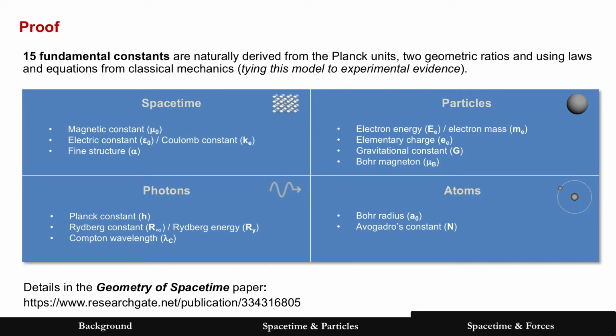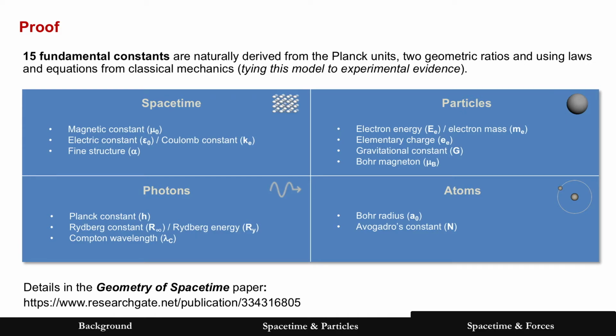And for more proof, which I won't get into today, I'll point you to the paper that you see there at the bottom. There's the URL. 15 fundamental constants are naturally derived from the Planck units discussed here and the two geometric ratios using only laws and equations from classical mechanics. Well, why is that important? Because these constants already tie to experimental evidence, such as deriving the gravitational constant G, which is already seen in all the calculations for gravity.